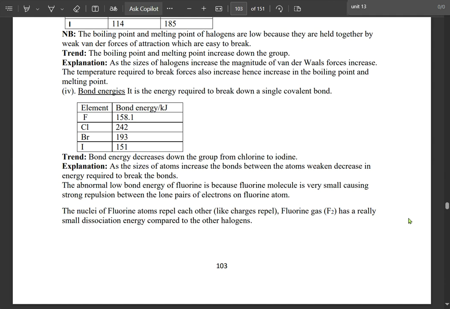These fluorine lone pairs are already bonded, so we have something like a fight on the outermost energy level. There are three lone pairs on each atom which are just repelling each other, hence reducing the force of attraction between these molecules. That's why fluorine is not compared with these elements.